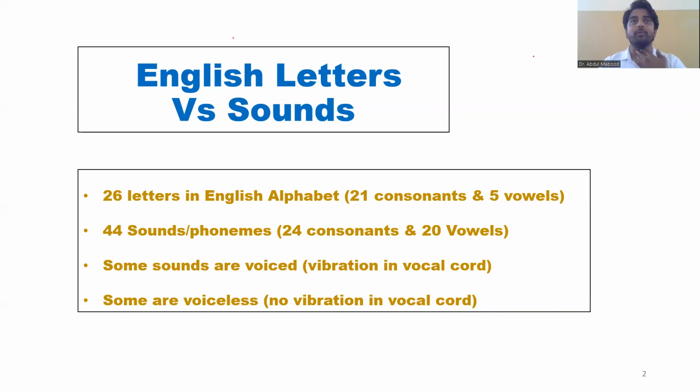But if we pronounce some sounds like t or ta, we don't get any vibration here. Fine, you have to feel it. Now we'll discuss what the voiced sounds are and what the voiceless sounds are. If you can remember the voiced and voiceless sounds, then the case of S sound and Z sound at the end of any word will be very clear to you.